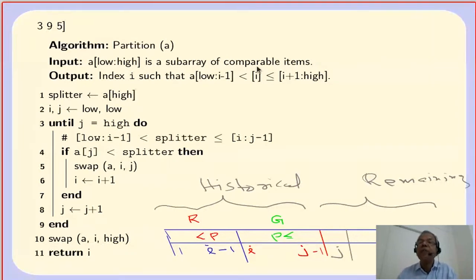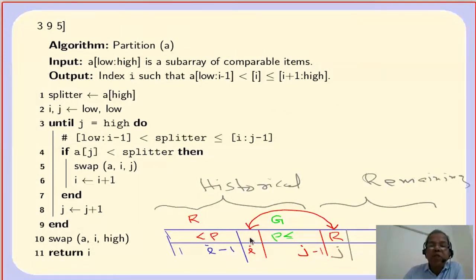Suppose it is red, then the element j should not be a part of the green subarray, it should become a part of the red subarray. How can I make it part of the red subarray? If I swap these two, 1 to i minus 1 is already red.